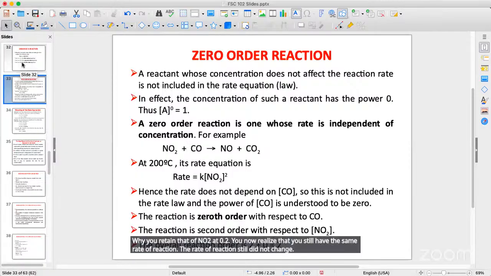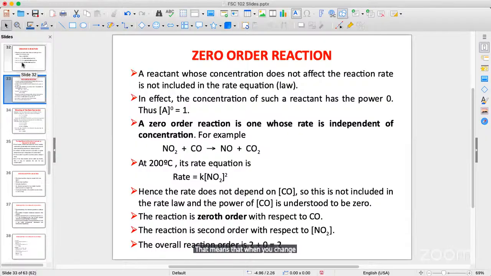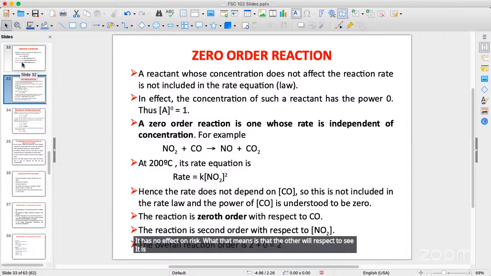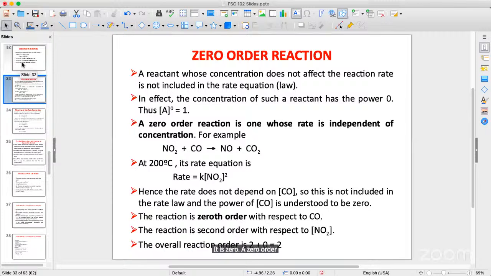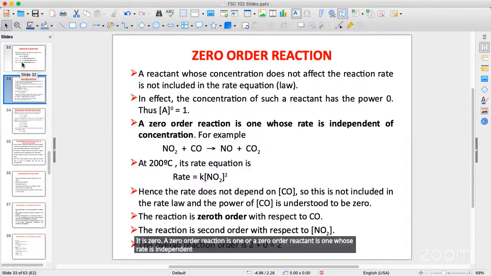That means that when you change the concentration of CO, it has no effect on rate. What that means is that the order with respect to CO is zero. A zero order reactant is one whose rate is independent of its concentration.